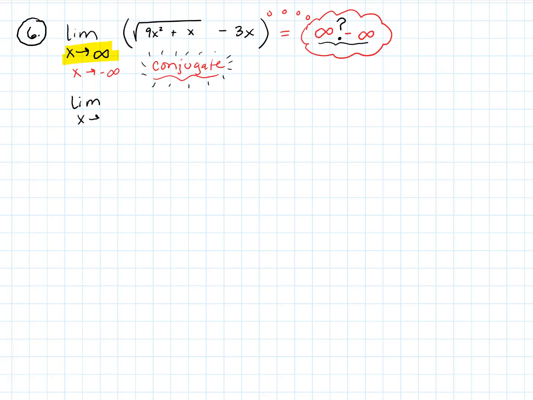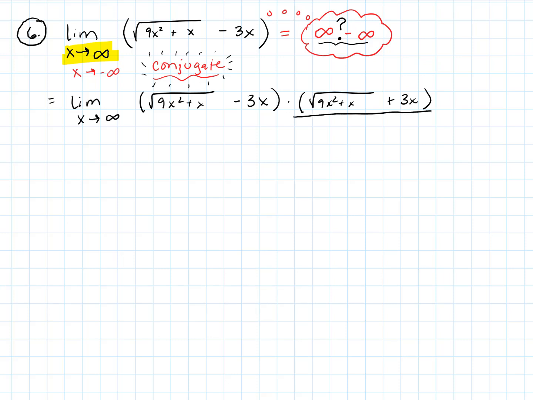So let's take the limit of this expression, 9x squared plus x minus 3x under the root as written, and multiply by the conjugate, the square root of 9x squared plus x plus 3x. I know that when I multiply by the conjugate, the expression will be simplified in the sense that it will no longer have roots.